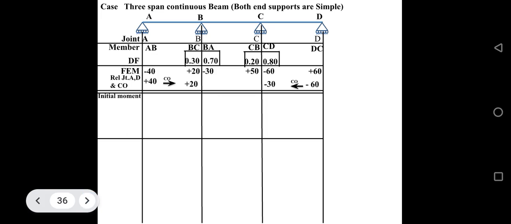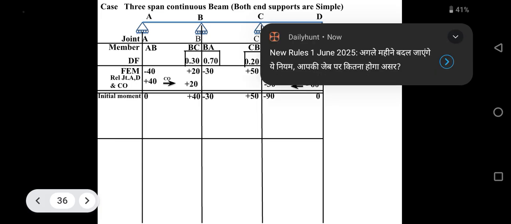And we are supposed to write the initial moments. After releasing, whatever moment we get is the initial moment: 0, plus 40, minus 30 as it is, plus 50, minus 90 and 0. Now after the initial moment, if you observe, joint B and joint C are not balanced.